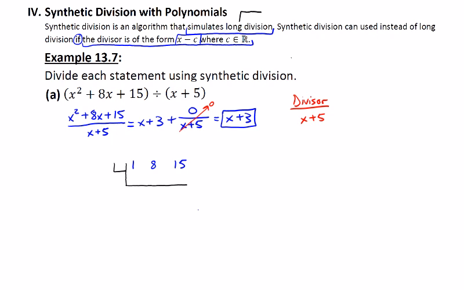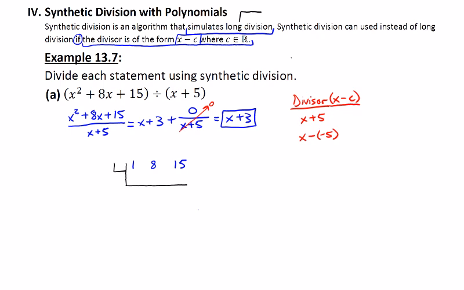Now, we were told that the divisor is supposed to be of the form x minus c in order for this to work. And certainly x plus 5 is not the same as x minus 5, for example. So it doesn't seem to have the same form that we need to do synthetic division. Does that mean that all hope is lost? No, it's not. I can always take this divisor and think of it as x minus negative 5.